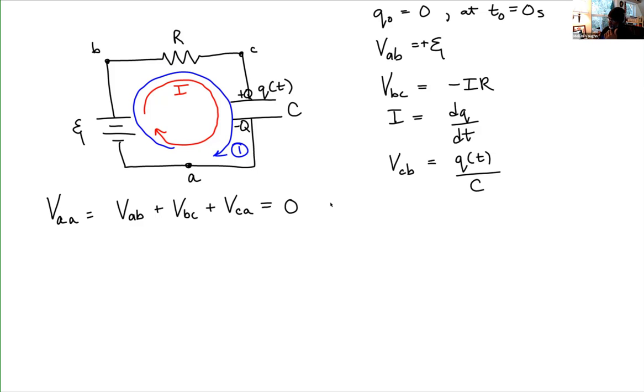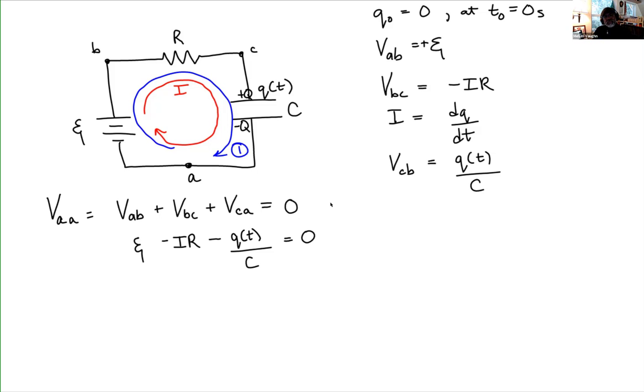If we do this for our circuit, we have the potential from A to B, which is the EMF of the battery, the potential from B to C, which is the potential difference across the resistor, and then the potential from C to A, which, look at what I'm going to do, is minus the charge over the capacitance, and that is equal to 0.